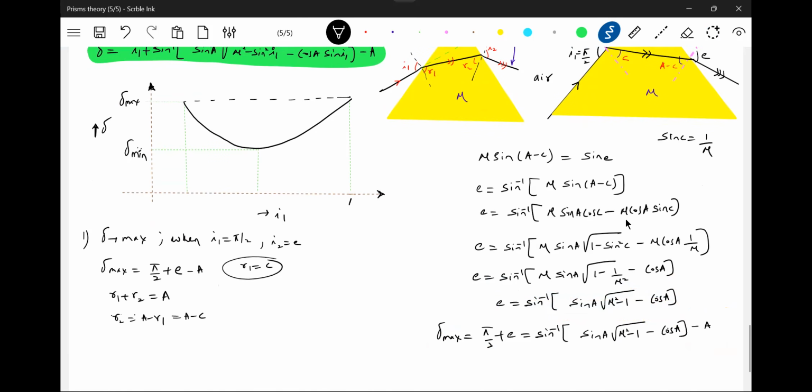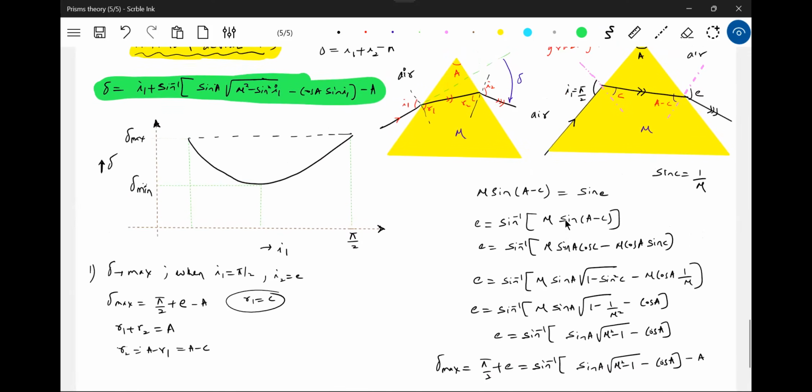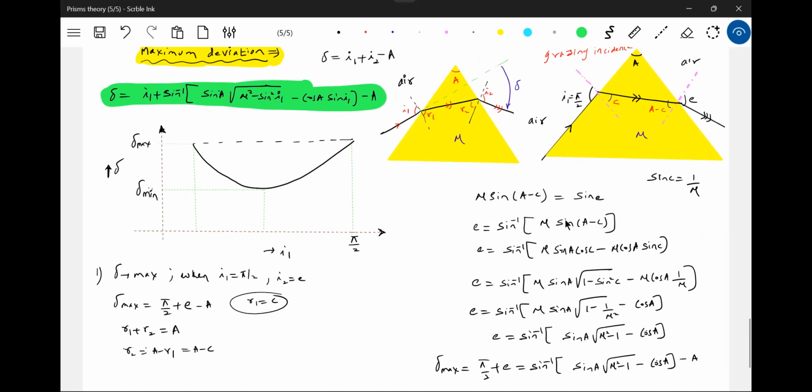When will that occur? At pi by 2. When the angle of incidence is equal to 90 degrees, then the deviation suffered by the ray will be maximum, and how much that maximum deviation is depends on this quantity. So we have just brought an expression here.